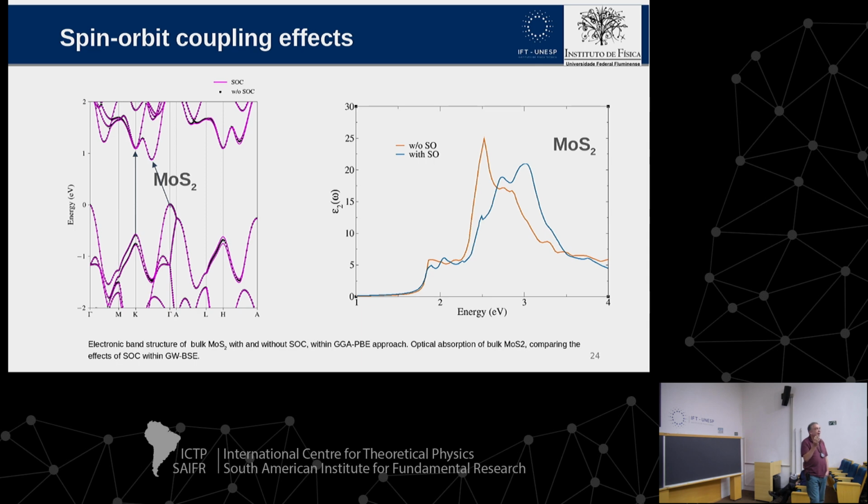So somehow, we still don't understand very well, but even though the energies in the bands are not so different, the oscillator strength changes a lot when we include spin-orbit coupling. So that's something interesting. Even here, we need to include spin-orbit coupling in our calculation to have a good description of the absorption.